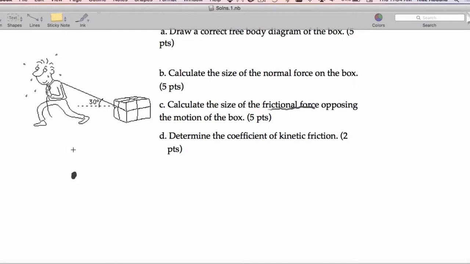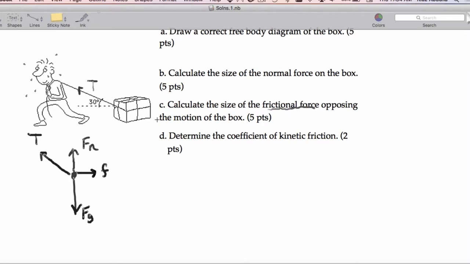So let's draw the free body diagram. We're going to have the normal force. We're going to have the weight force. We're going to have this tension force here that I'll just call capital T, which is the rope force right here. It goes out of the object along the rope. And we'll have a friction force right here.